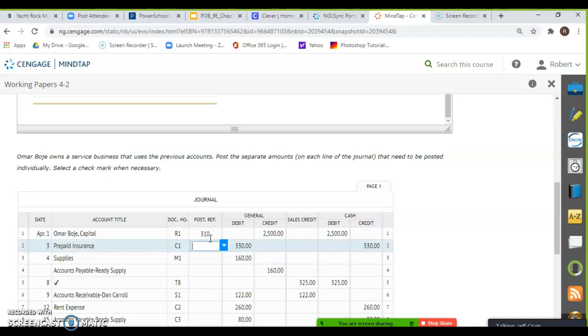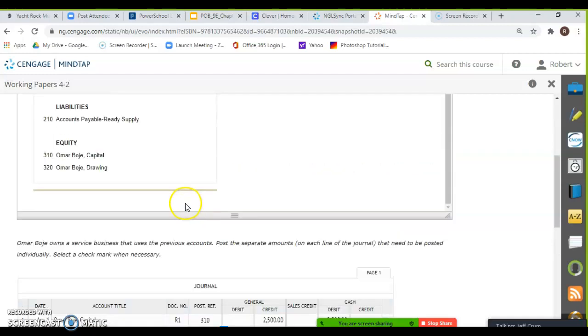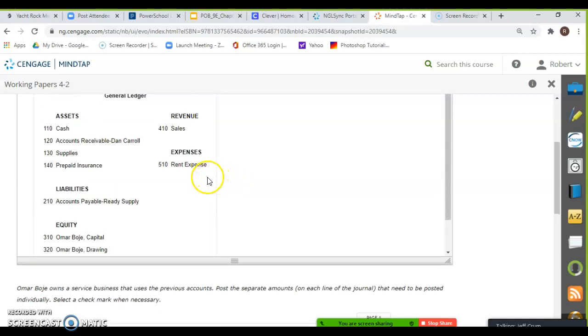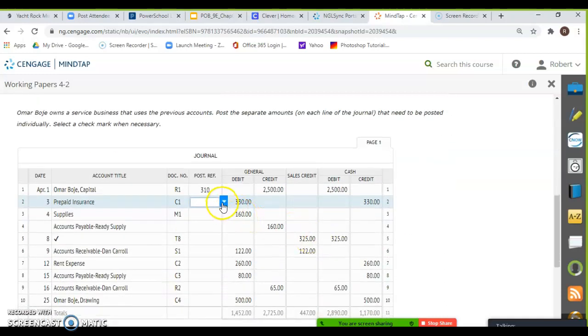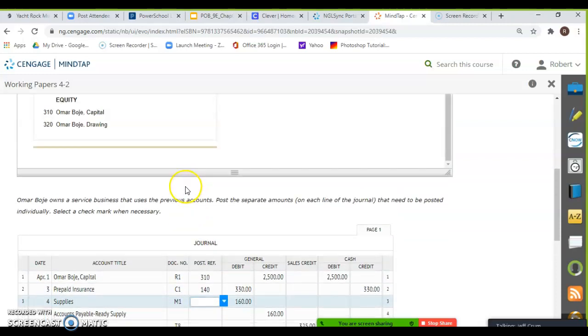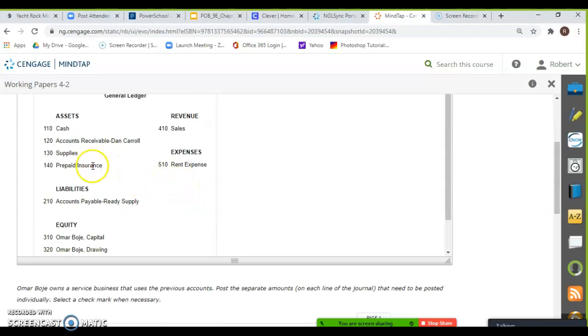So the next one is prepaid insurance. So let's go find insurance on here somewhere. Here it is under assets, account 140. So 140. See what account number our supplies is, 130.